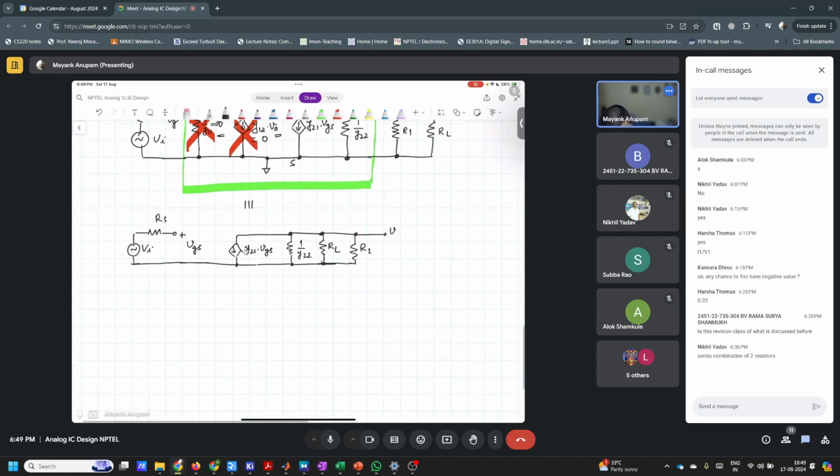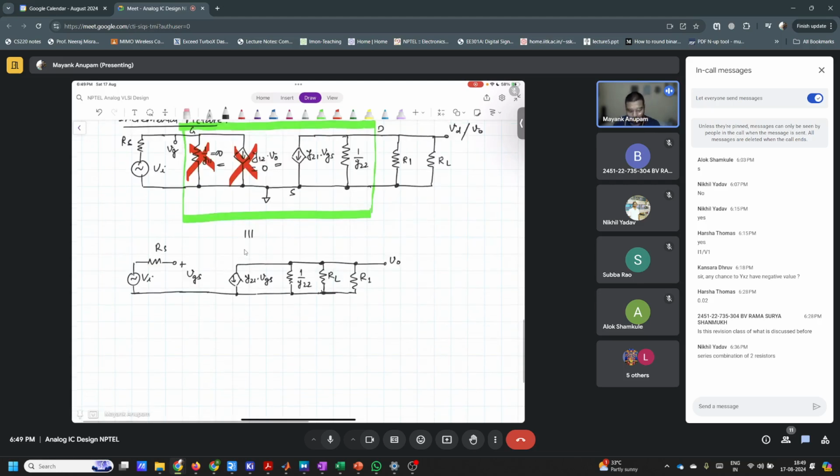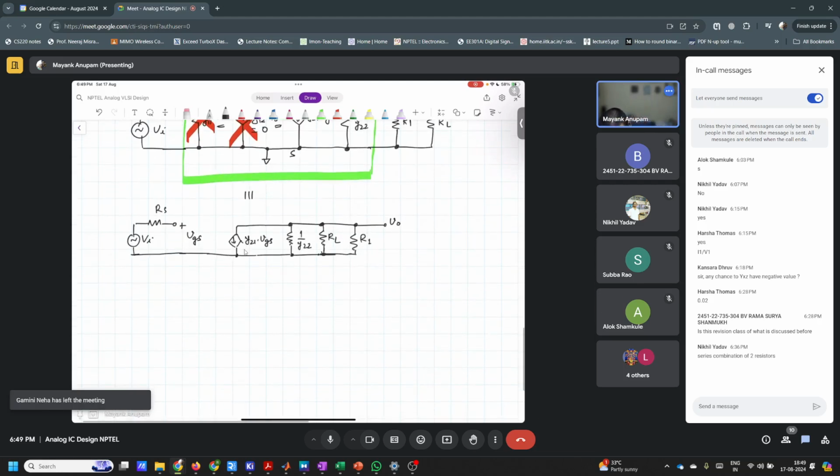So this is VO. Now tell me, what will be the VO over VI incremental gain? What will it be? You already solved this, right? Already saw this in the session in the week 3 content that was discussed. What will it be? Anyone?